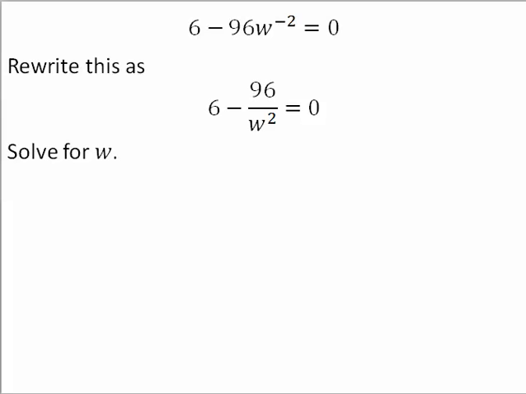And then I go about solving for W. It's a pretty straightforward process. I take 96 over W squared over to the right-hand side. And then I multiply both sides by W squared, divide both sides by 6, and I get W squared equals 16.